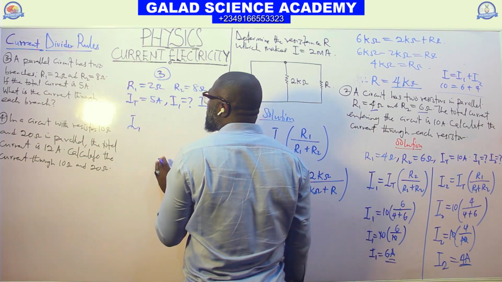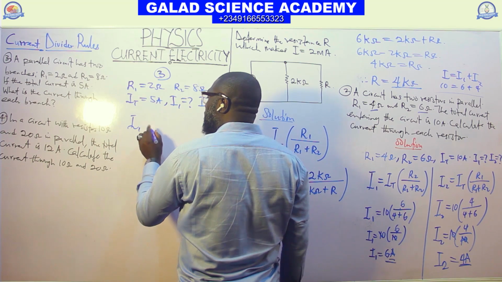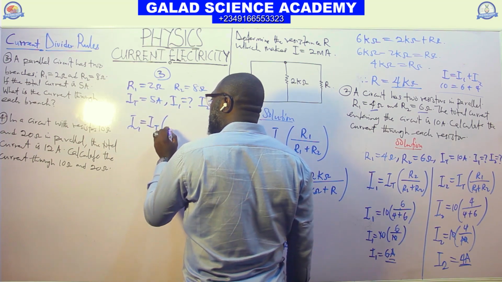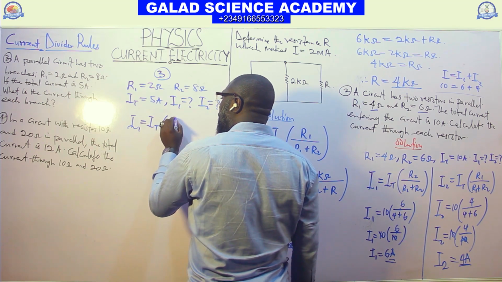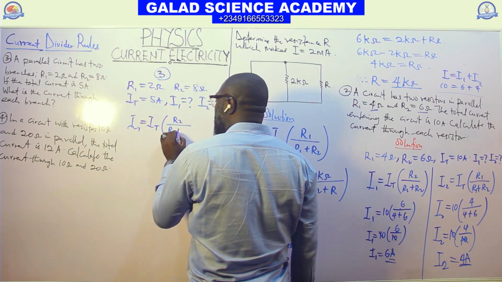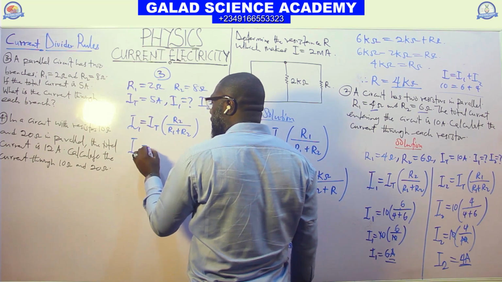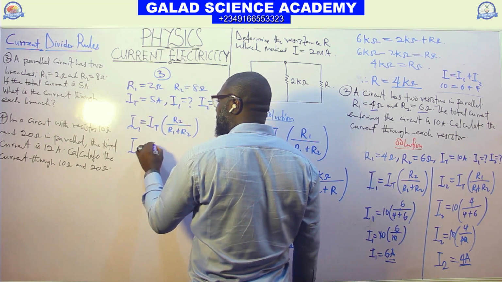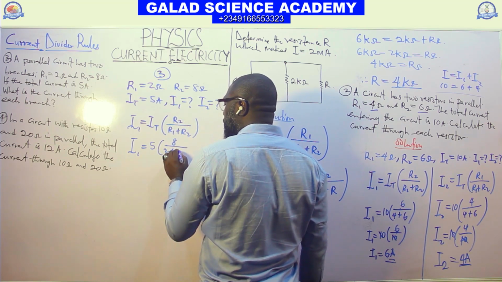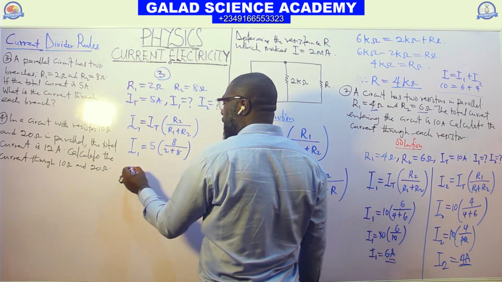I1 is equal to I total into bracket R2 over R1 plus R2. So what is I1? I total given is 5 amperes. R2 is 8, R1 is 2 plus 8.